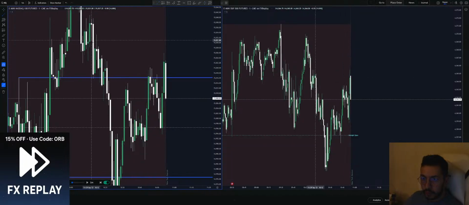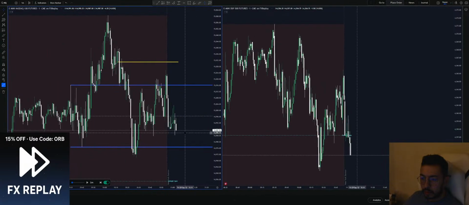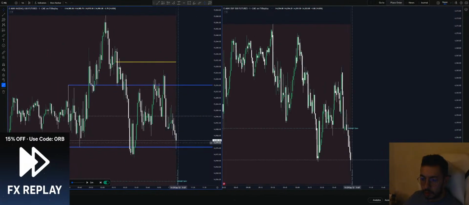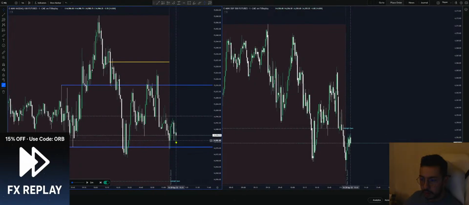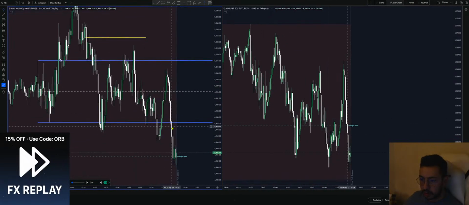We have a gap here. It's very choppy price action. Oh my god. Oh, that's my entry here. 11:28. My short entry.